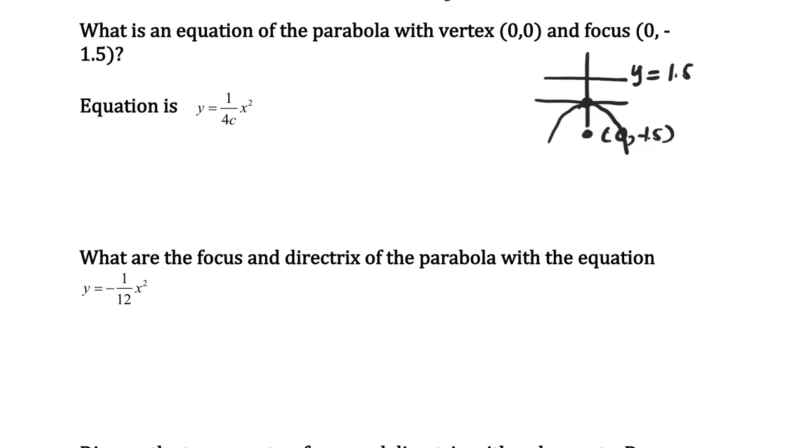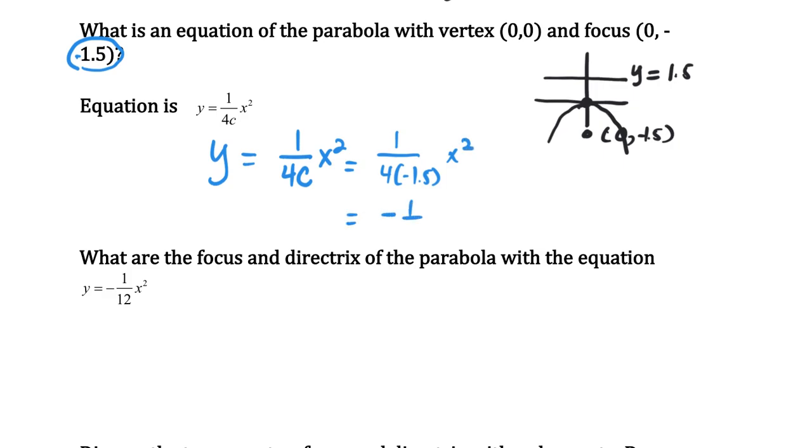So to find the equation, y equals 1 over 4c x squared. So I'm just going to substitute, so I know c is negative 1.5. So it's going to be 1 over 4 times negative 1.5 x squared, which is negative 1 over 6 x squared.